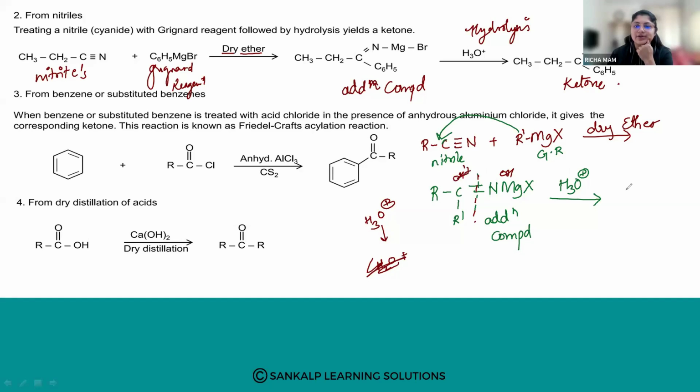So you should get a ketone here: R C R' double bond O, plus MgX and OH. So this is the reaction.